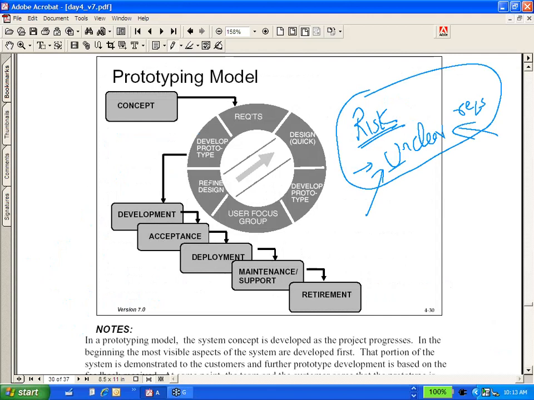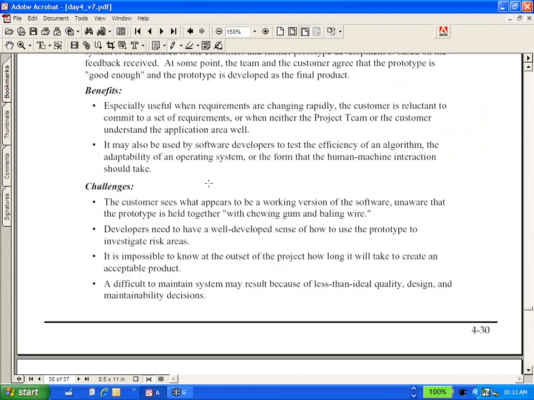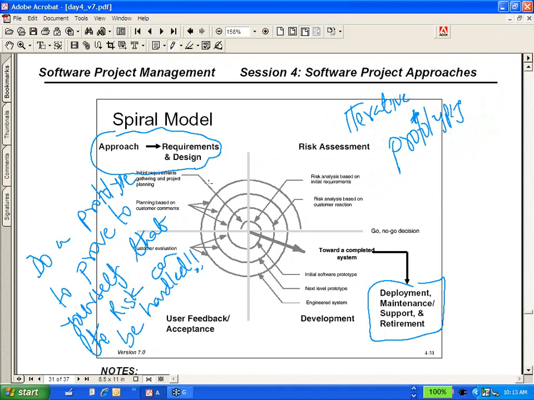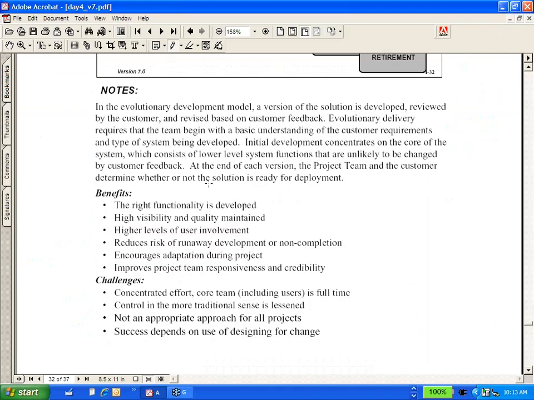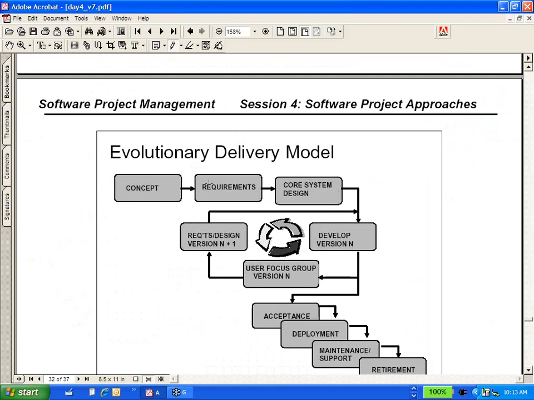I think that's a good way to say it. That's one of the differences. In the prototype model, you might throw away the prototype because it was just to demonstrate what we are trying to do, a simulation. In a spiral model, we're actually working towards building the actual product in quick iterations and finally building the product.